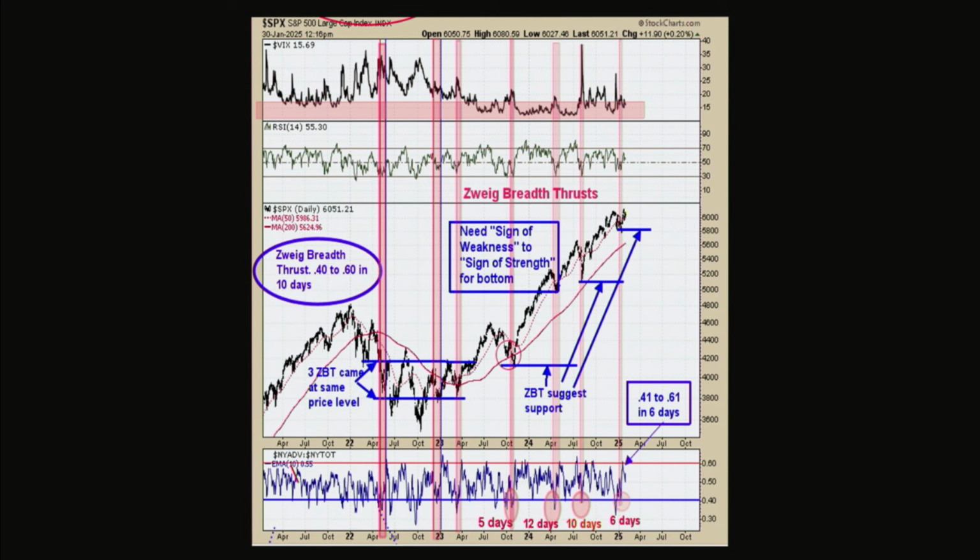The last signal came in 6 days. It's another type of signal, and the Zweig breadth thrust indicator only happens in bull markets, so it looks like this could be a bull market. When they do occur, they usually become support. So the worst case scenario right now is about 5,800.